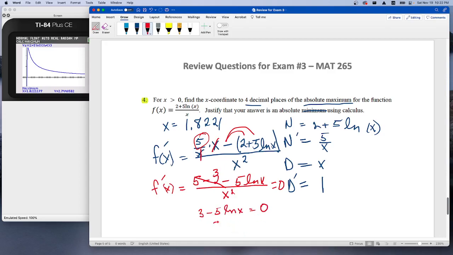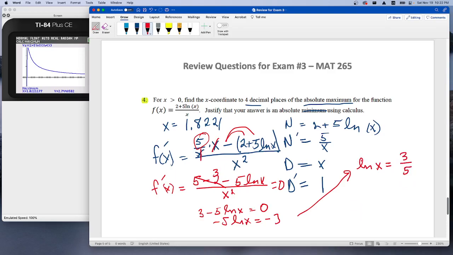Subtract 3 from both sides, so we get minus 5 natural log of x equals negative 3. Divide by negative 5, so that gives us that the natural log of x equals negative 3 divided by negative 5, which is positive 3/5.